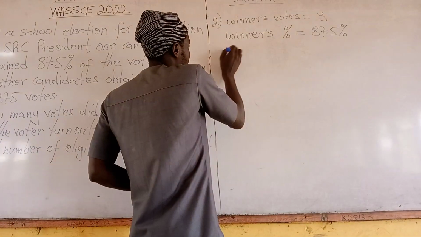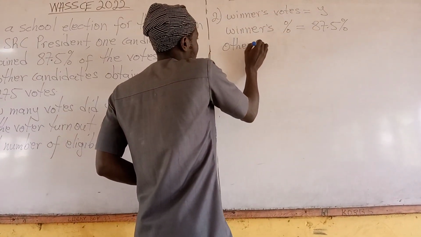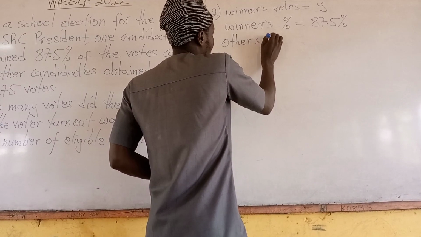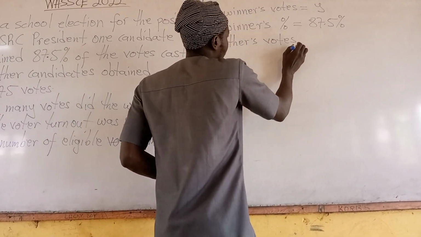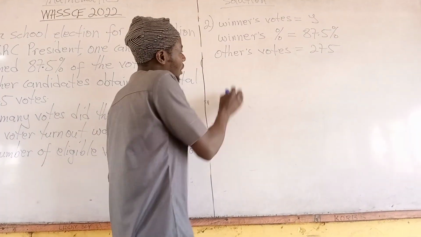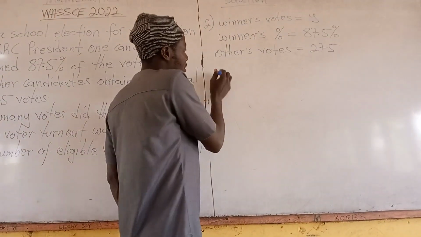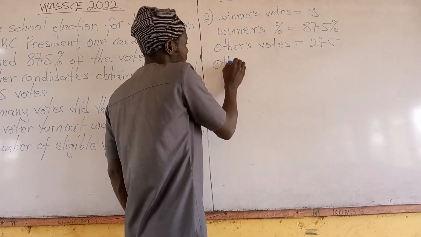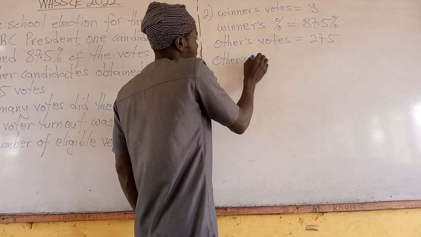So let's capture that. Others' votes is 275. But we don't know their percent. So we find the others' percent.